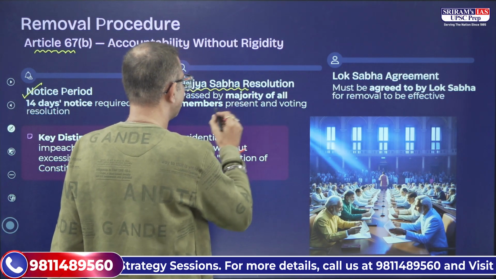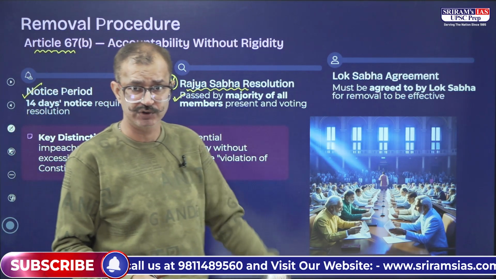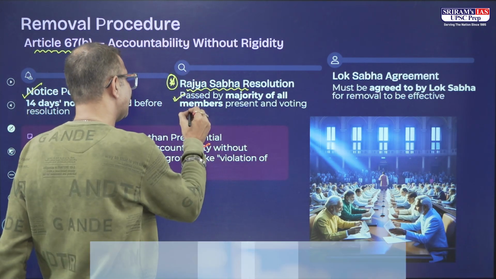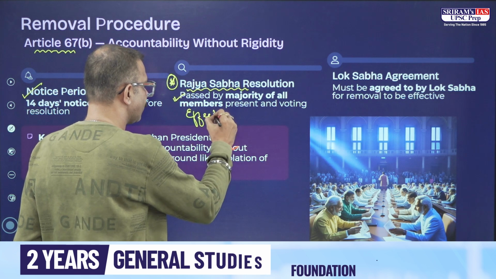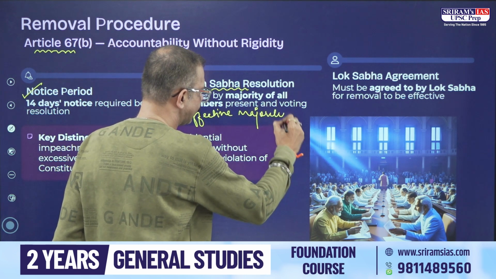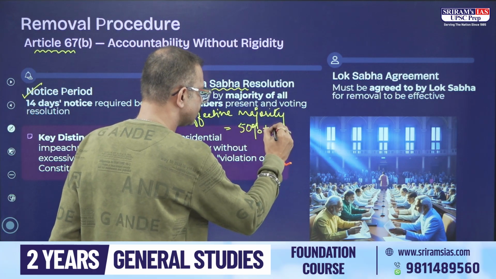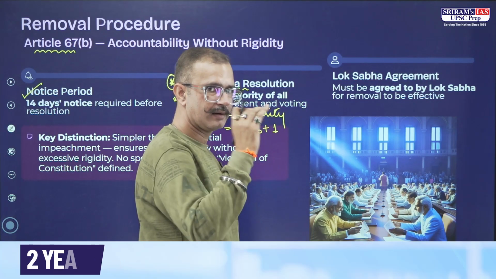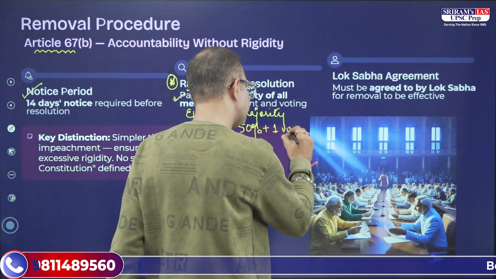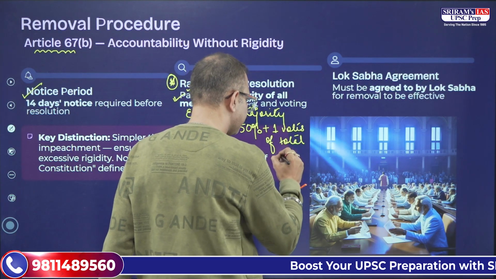Alright, it is not any house, it is the Rajya Sabha where it has to be brought. And over here it has to be passed by a majority of all members. This is called an effective majority. Effective majority equals 50% plus 1 votes, that is, more than 50% of the total membership.